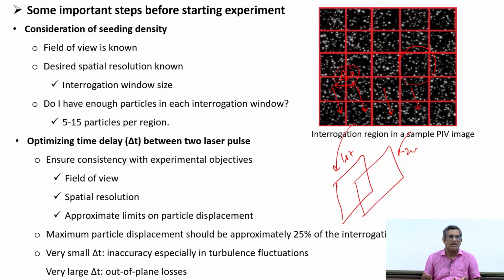But on the other hand, if the particle movement is much larger than the interrogation window, then you will not be able to match the pattern ever. So, this has to be judiciously finalized.